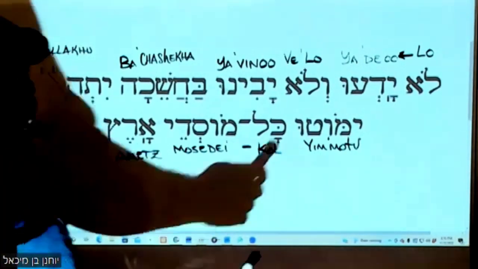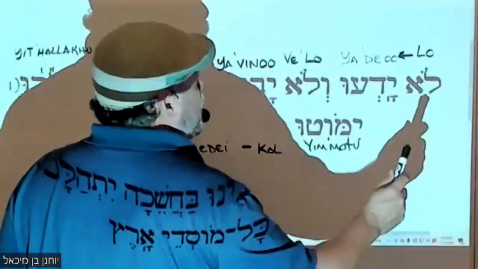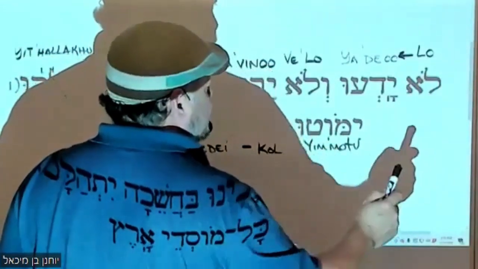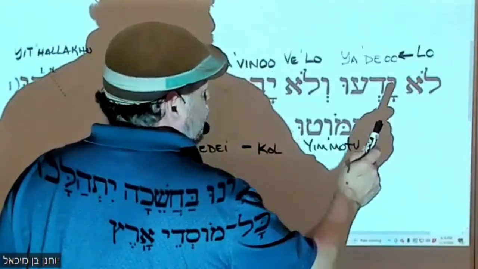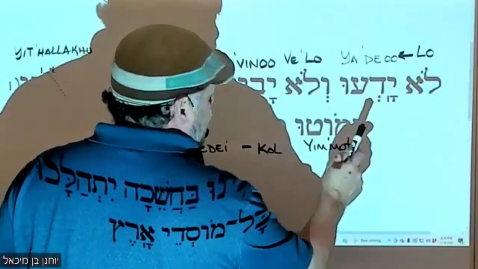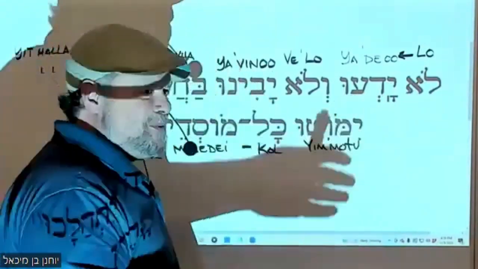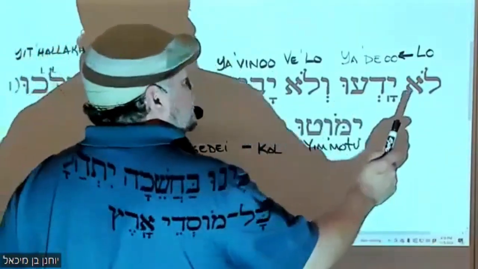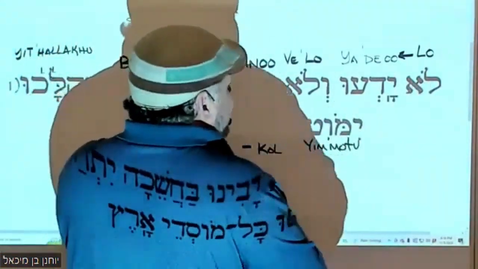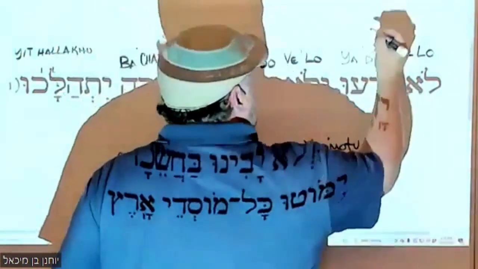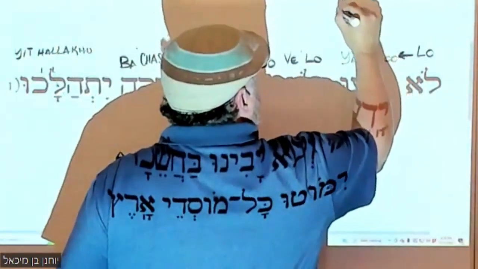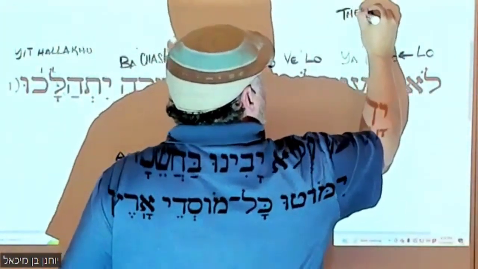Okay? So lo yadeu, will not, or not, will they know. K-N-O-W, not N-O. So lo yadeu, they will not understand, or they will not know. Let's do it that way.